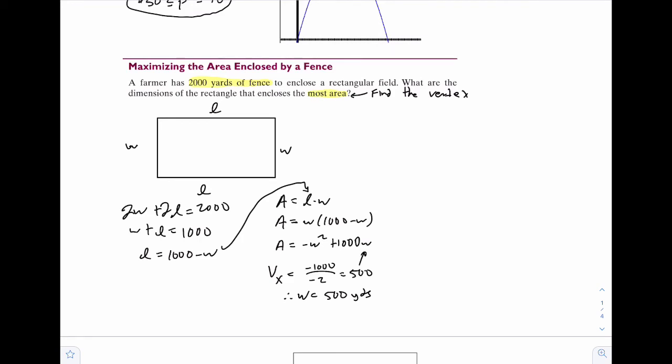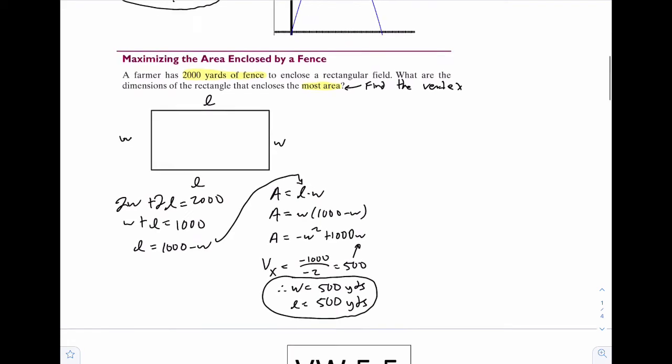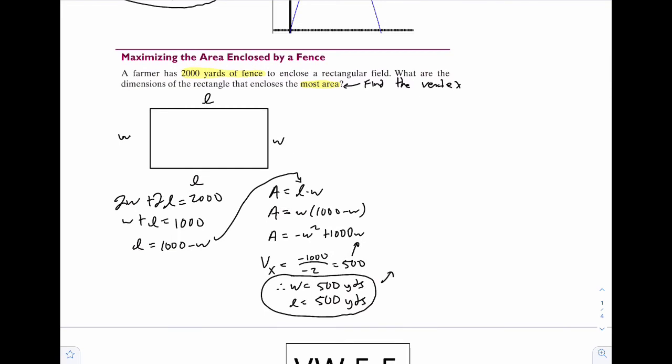And if the width is 500 yards, look right here, to subtract it from 1,000, the length must also be 500 yards. So right there, there's your dimensions. Now, if you wanted the max area, simply multiply them together, or you can just plug in 500 right here. The max area would be 250,000 yards squared in the event it asks for that.